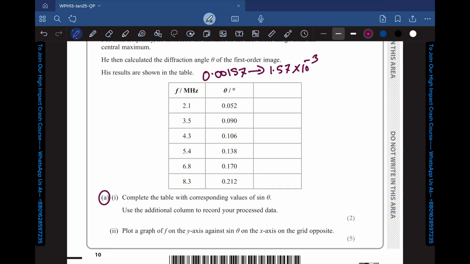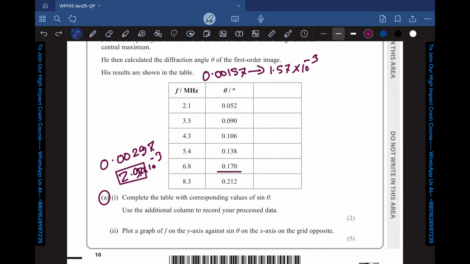And for this one, 0.170, the value comes as 0.00297, which can also be written as 2.97 into 10 to the power minus 3. Keeping the significant figures the same, because all these values should have the same significant figures, you can write this down the same way.